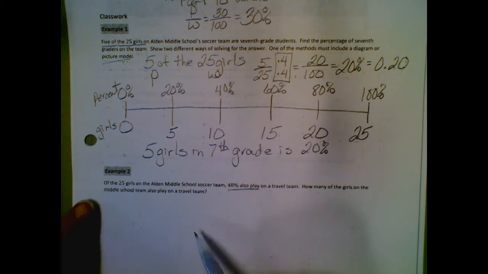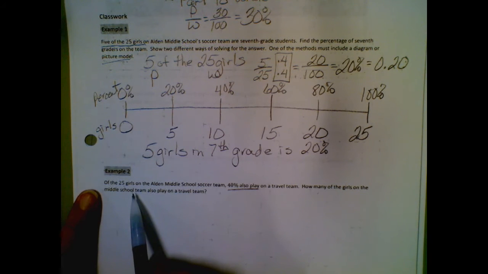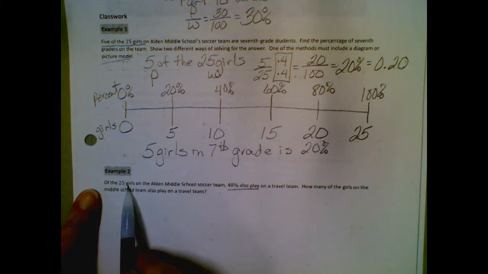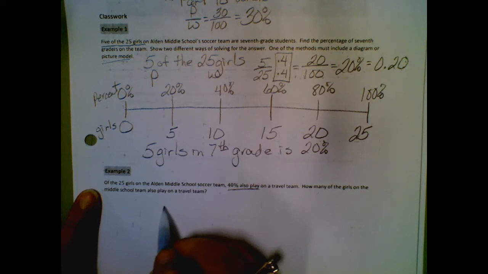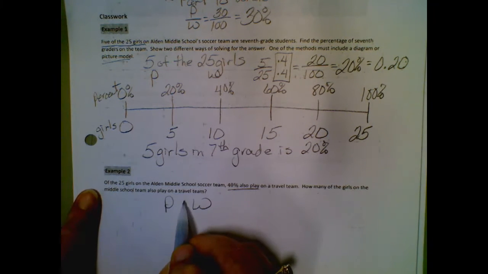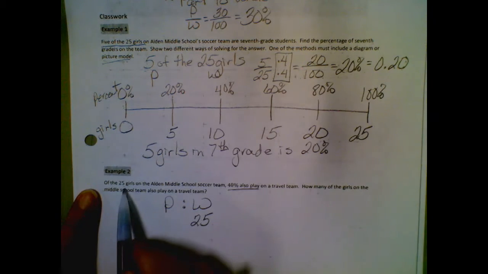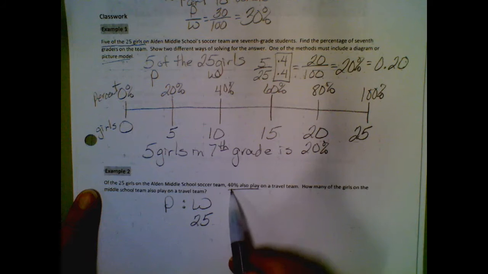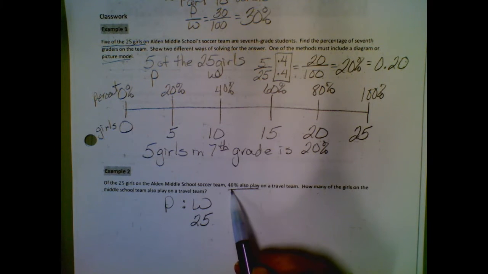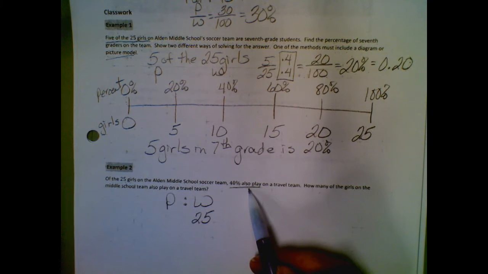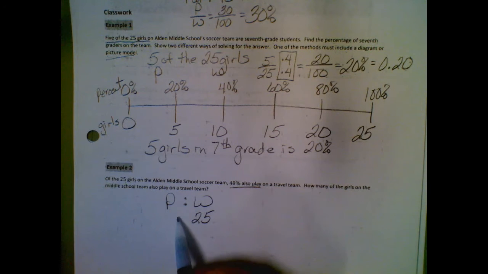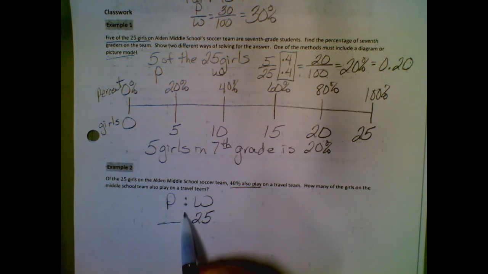Okay, so my whole is now of the 25 girls. So my part to whole ratio, there's 25 is my whole. The part, I don't know the part. We're going to go backwards. 40% also play on a travel team. Okay. So I don't know my part.